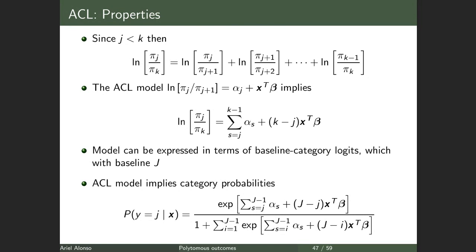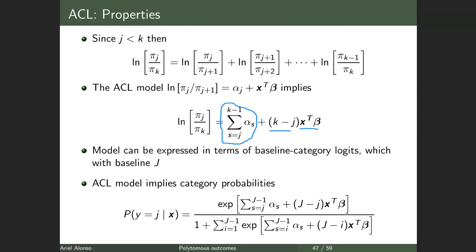You have here this sum for the intercept, and then you have k minus j times x transpose beta. So the model can be expressed in terms of a baseline category logit, actually.